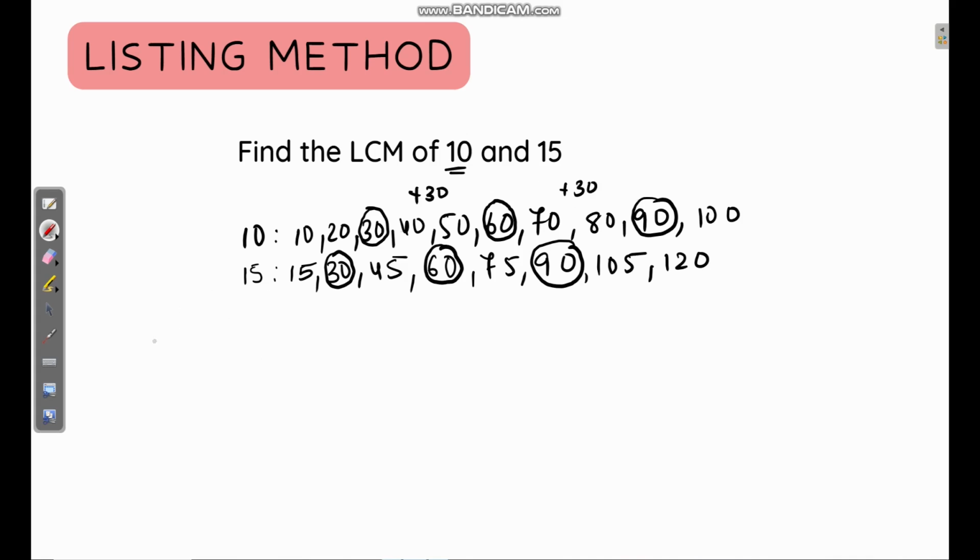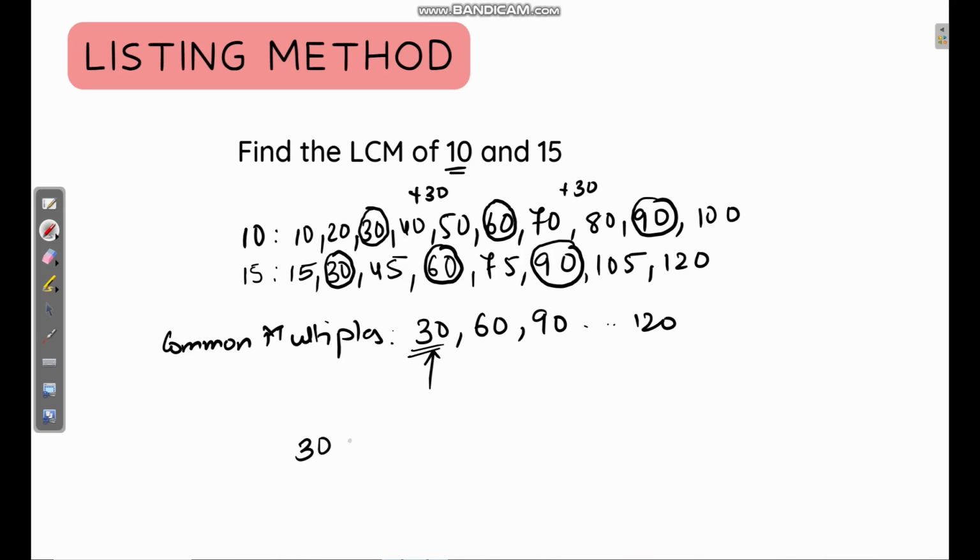Now we will write down the common multiples. The first common is 30, then 60, then 90 and the next one would be 120. But the name itself is LCM, that is least common multiple. So which is the least, or the smallest, number over here? That is 30.